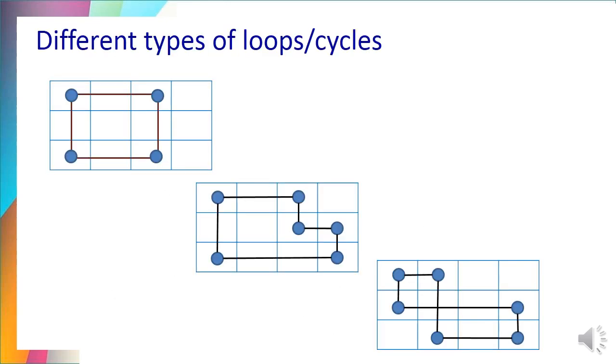Once the allocation needs to be made, after identifying the location where the loop needs to be formulated, the different types of loops that are possible are shown here. It may be just a rectangular loop, or it may consist of 4 adjacent cells.